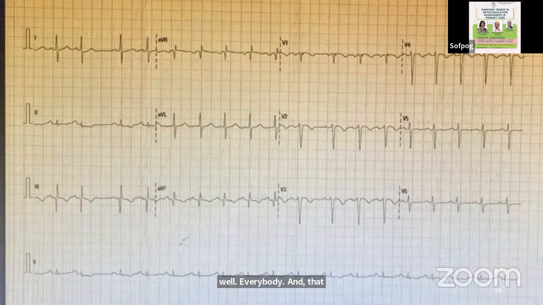This is an ECG of the patient. Can anyone see anything that is quite telling?